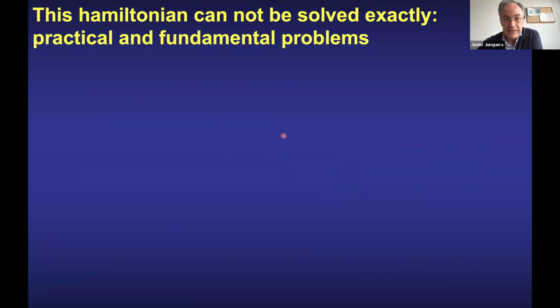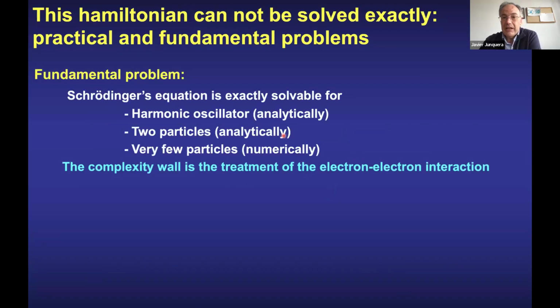The point is that this Hamiltonian cannot be solved exactly. It can be solved analytically only in a few cases, for instance the harmonic oscillator, or the case of two particles, as in the hydrogen atom or hydrogenoid atoms. Or numerically, we can solve it in an exact way if we have very few particles.